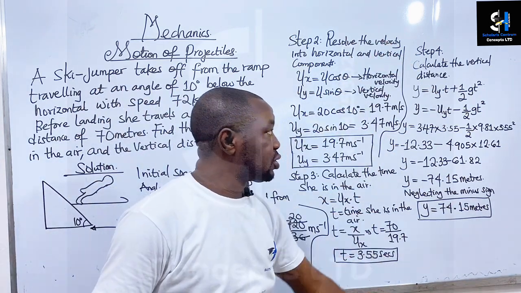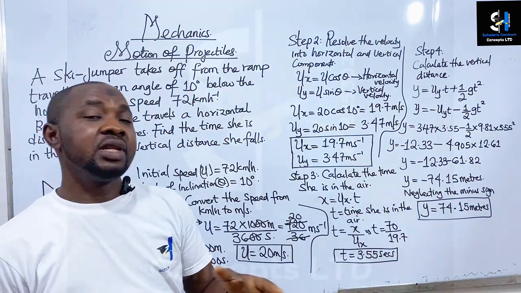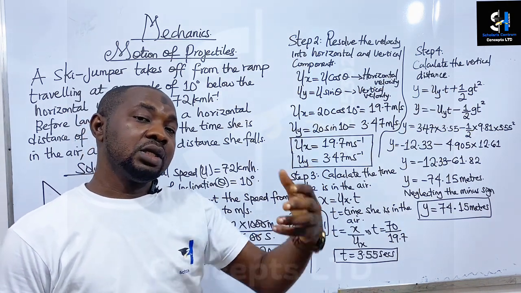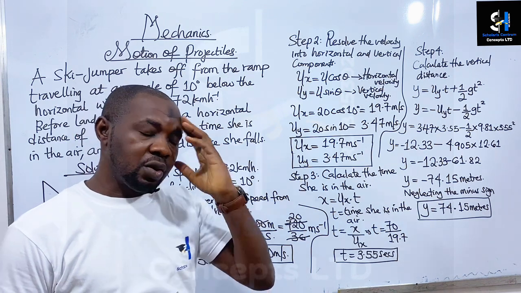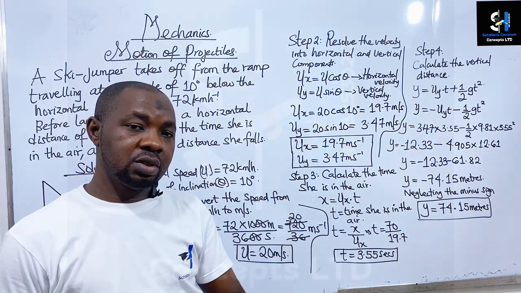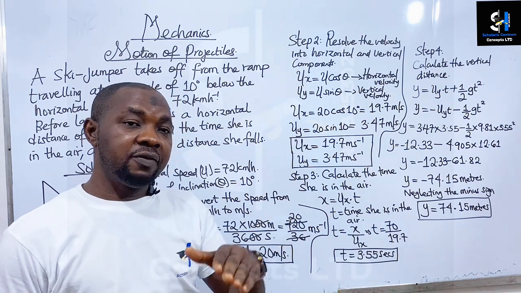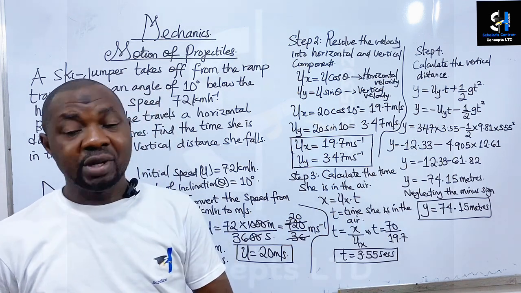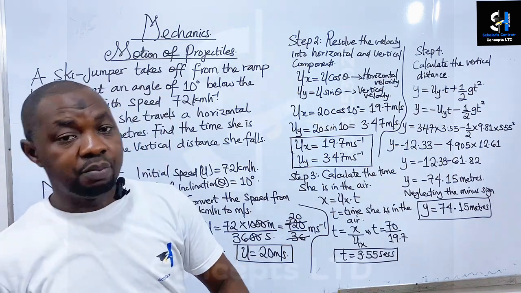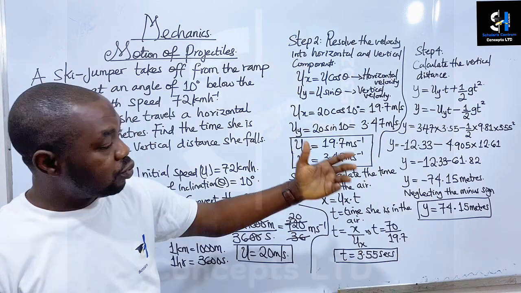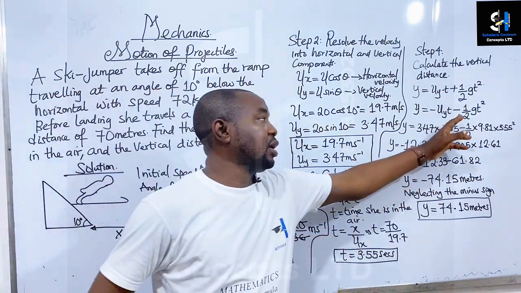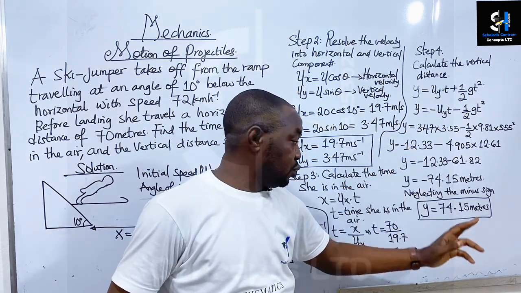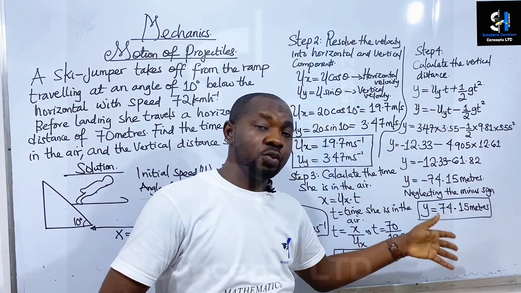For the vertical distance, like I said, the value of g will be negative. Normally, when the motion is downward, the acceleration due to gravity is positive, but in this case it is negative because she falls below the horizontal. Even if we assign plus here, the minus would not be there and y would end up positive.